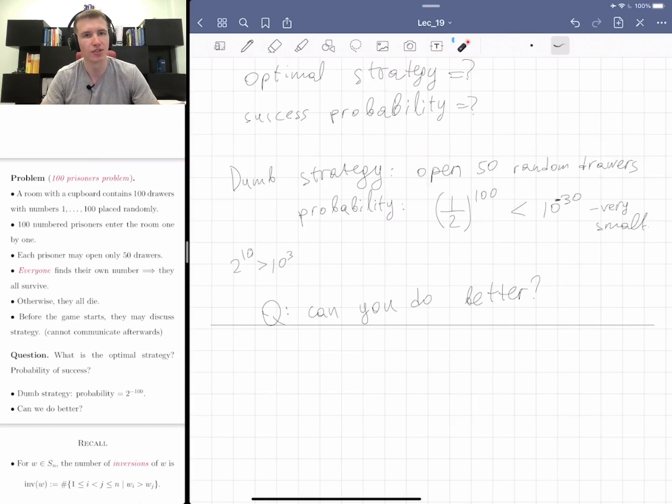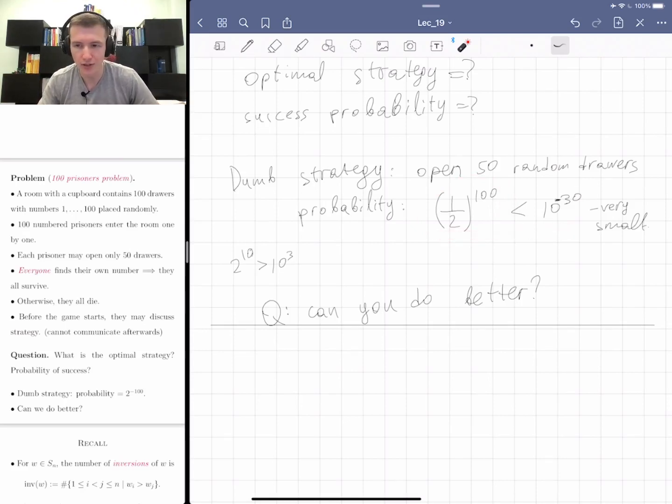So the probability that you find a drawer with your number is 1/2. And because everyone has to find their own number, the total probability is you multiply all these independent probabilities, and you get 1/2 to the 100. That's the explanation.